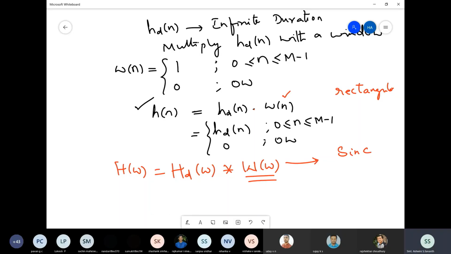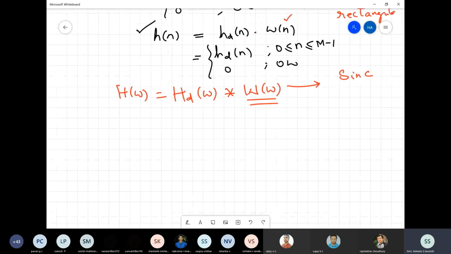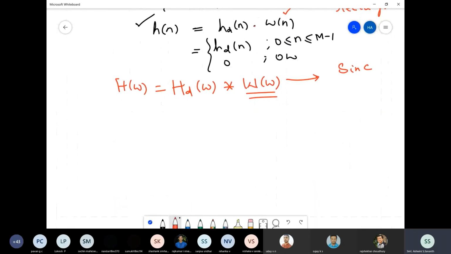So let's just derive that quickly. W of omega, by the DTFT formula, will be the summation n = 0 to M minus 1 of w of n e power minus j omega n. So what is w of n?